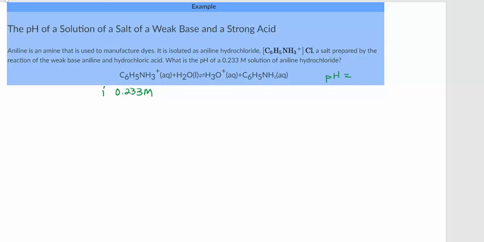Now we have none of our products. We know we're going to change it some value. So at equilibrium, our concentrations will look like this. So we need to find the Ka of this value so that we can put it into our expression here and come up with a value.